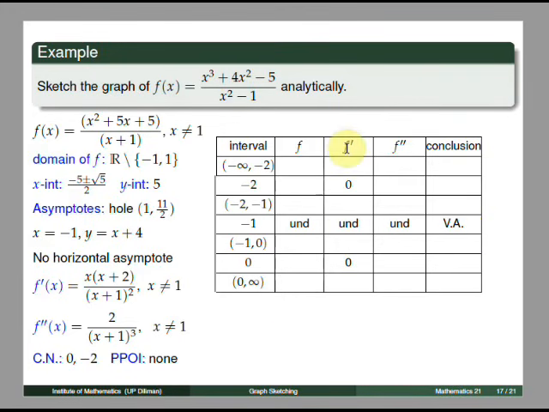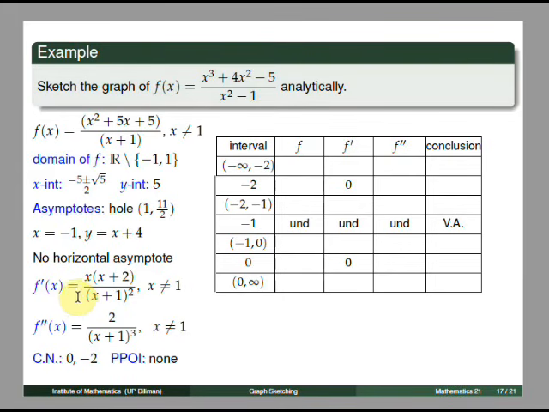Then for our f prime, the critical numbers are 0 and negative 2, and therefore we have 0 here and 0 there. Now we just need to check the signs at each interval. How do we do it? We again substitute some values on the interval into our first derivative.